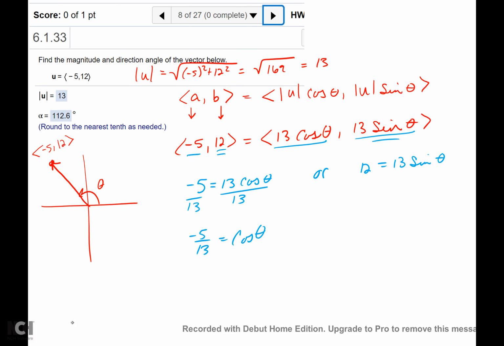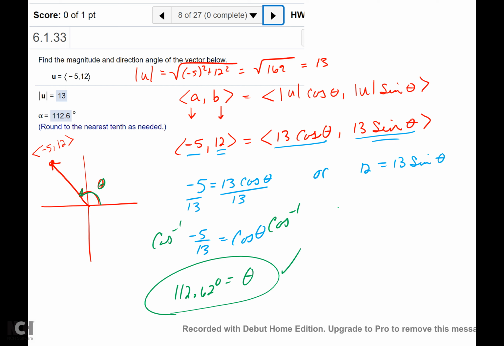To kill cosine, I'm going to do arc cosine, and that gives me theta equals 112.62 degrees. Now, you always want to stop and make sure that that makes sense. 112.62 degrees would be in the second quadrant, so that does make sense. Remember, if it's not in the same quadrant, we have to do some extra stuff.